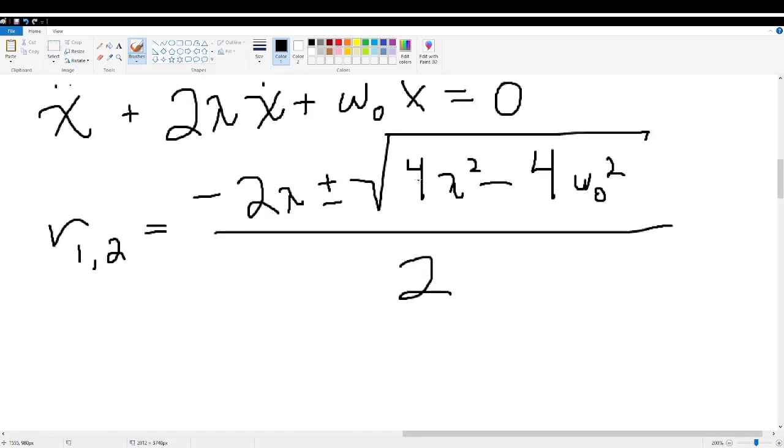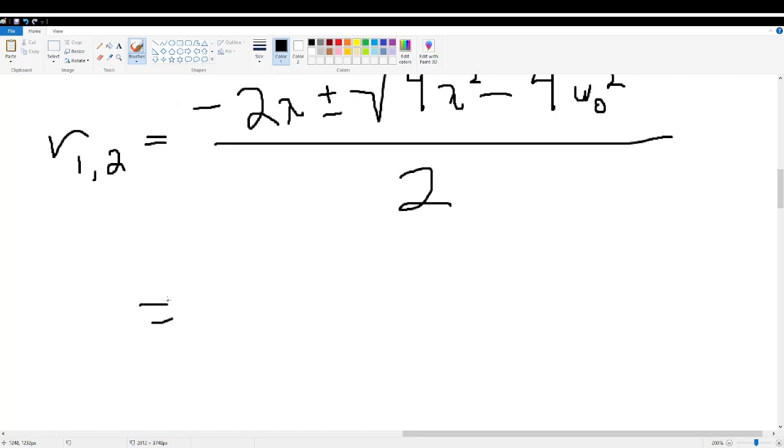Now, what do we notice? These 4's factor out and come out, and cancel with this 2 as well as this 2. So really, we get that R1 and R2 are equal to negative lambda plus or minus the square root of lambda squared minus omega naught squared.